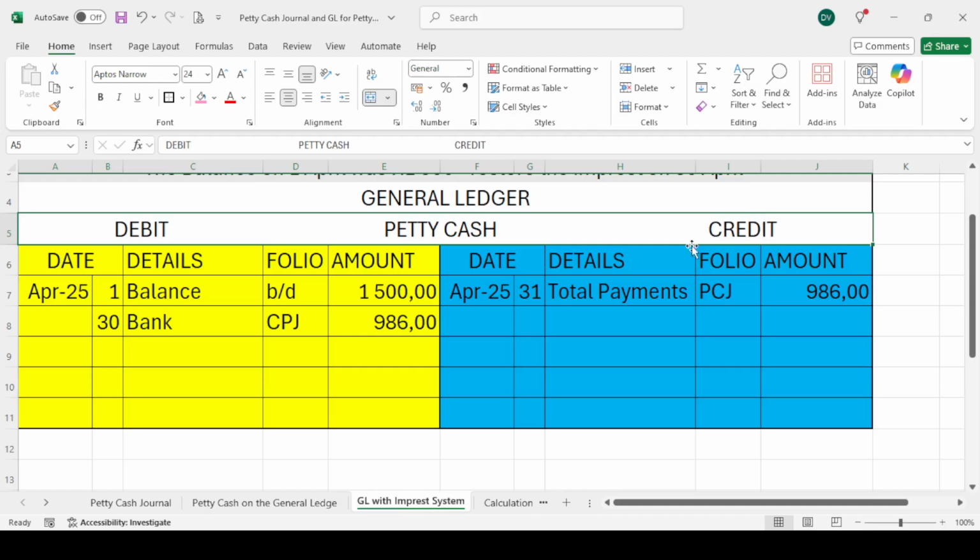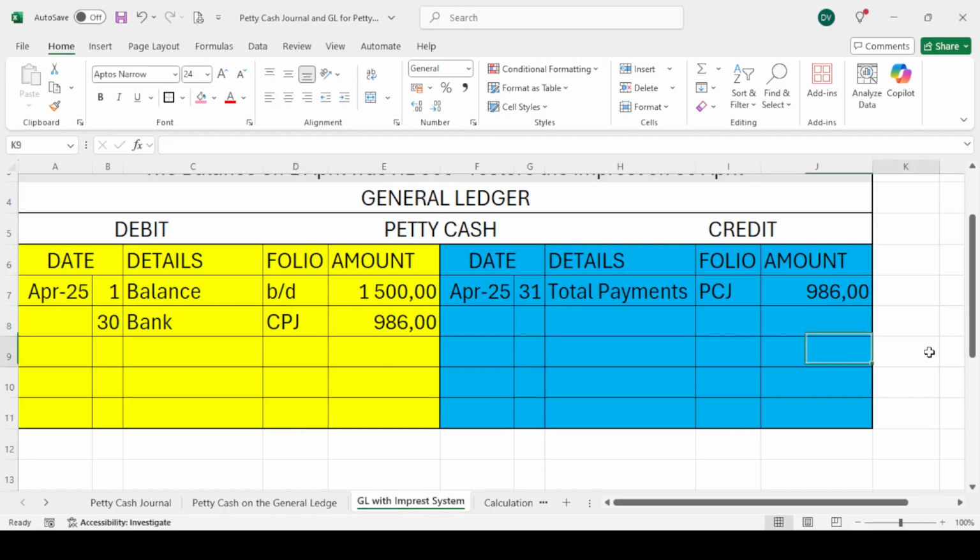So basically, here you're putting it on the credit side because the money became less. You paid all of this. It's from your petty cash journal. This money, 986 Rand, made your petty cash more, so it's showing on the debit side, even if it does come from the cash payment journal.